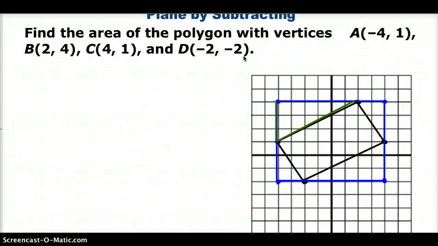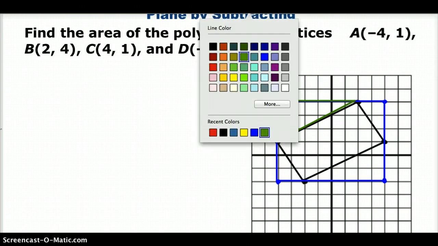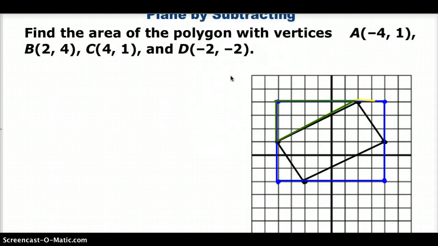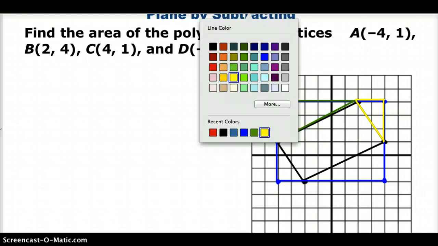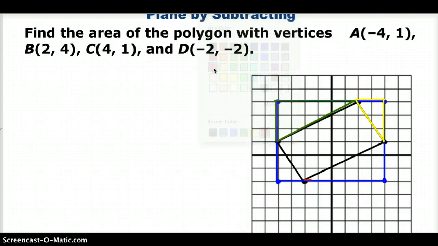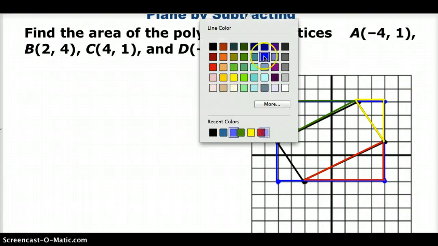I'm going to make a green triangle, maybe a yellow triangle. I know these aren't perfect, but that's okay. Maybe next a red triangle, and then I'll leave this one as a blue triangle.